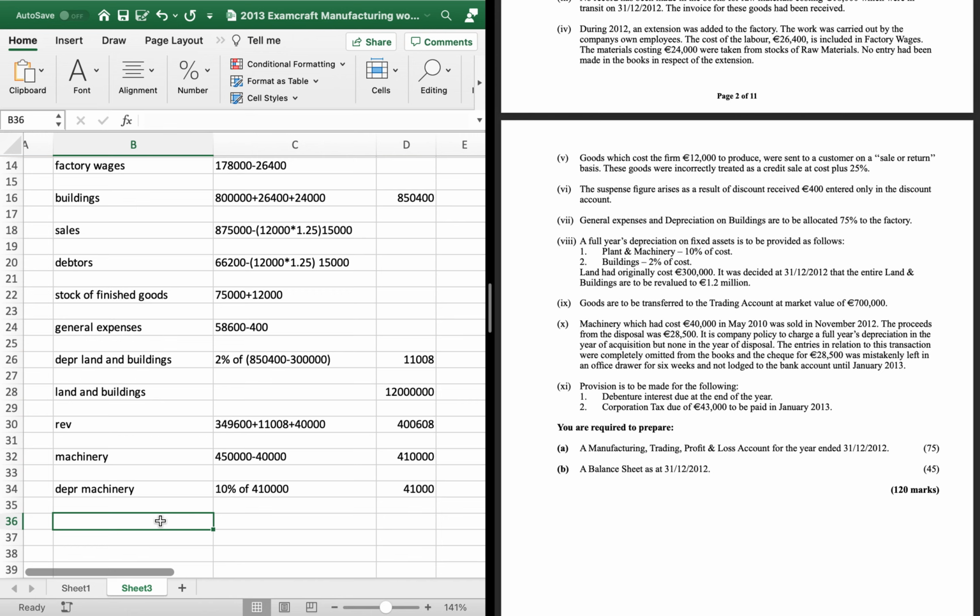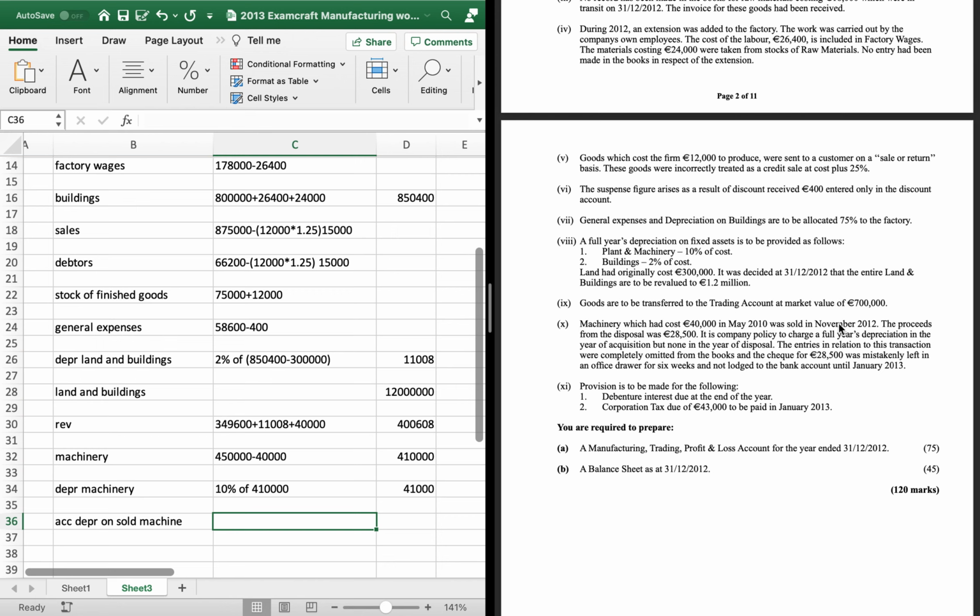Now, we have to work out the accumulated depreciation on the one we sold. Now we're only using this as a working. So you got it in May 2010, and it's a full year's depreciation in the year of acquisition. So it doesn't matter that you bought it in May. It's as if you bought it on the 1st of January. So you have it for all of 10 and all of 11. But then you have it for 12.